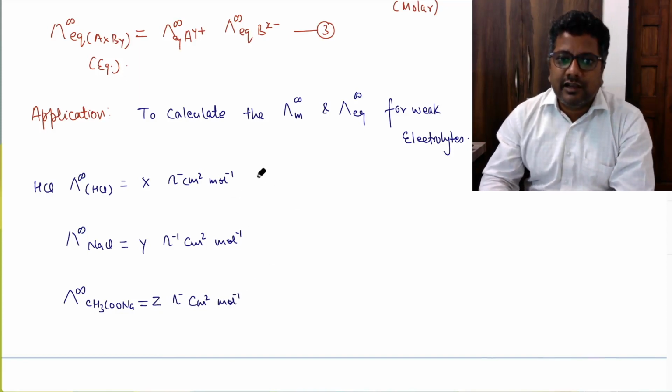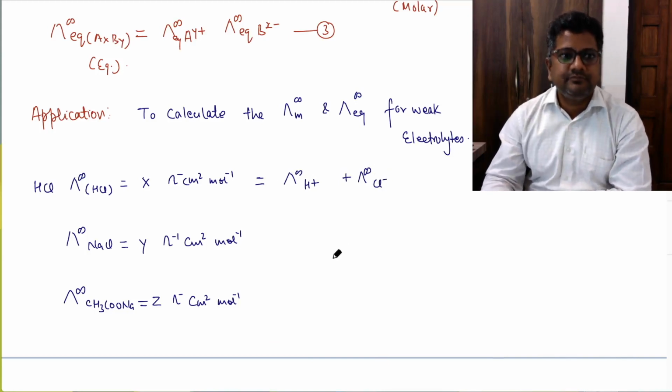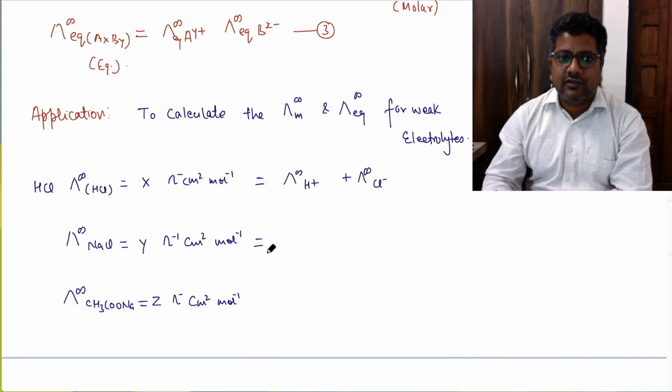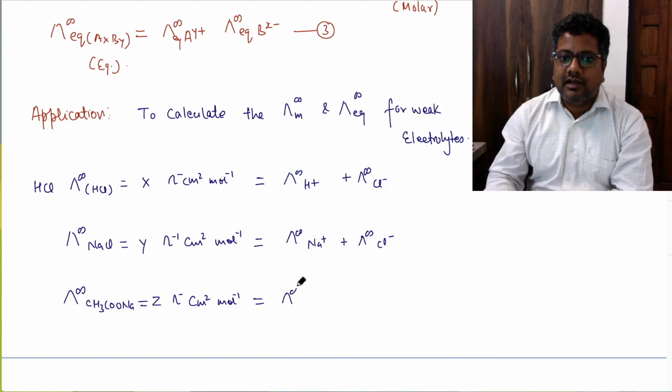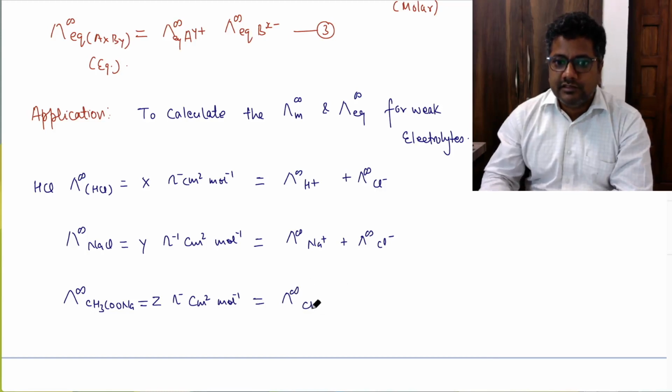So this you can write, this is equal to lambda infinite of H plus lambda infinite of Cl minus, by Kohlrausch's law. Now all are strong electrolytes, and here you can write lambda of Na plus lambda of Cl minus, and here you can write lambda of CH3COO minus plus lambda of Na plus, right?